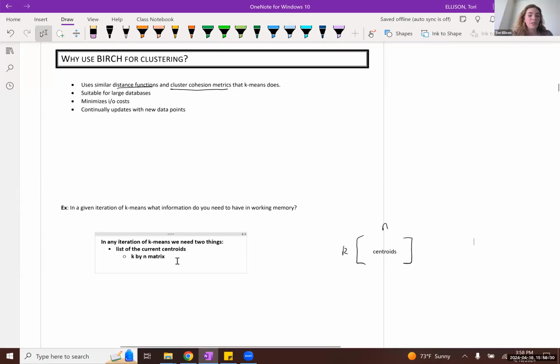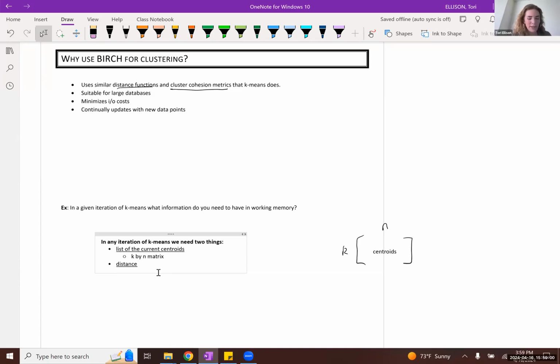Given that, what else do we need in our working memory to execute that iteration? The distances between the centroids and the observations. Yeah, that is something we would need to calculate for sure.